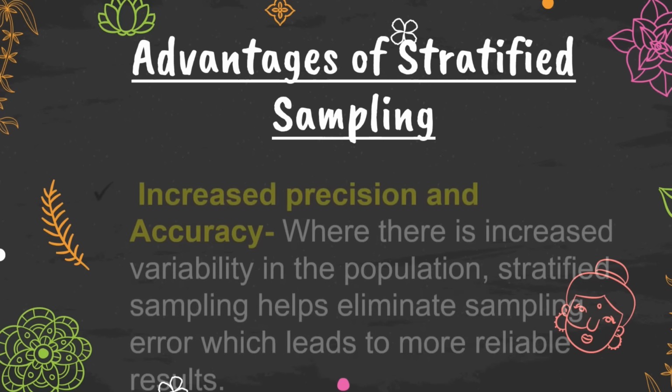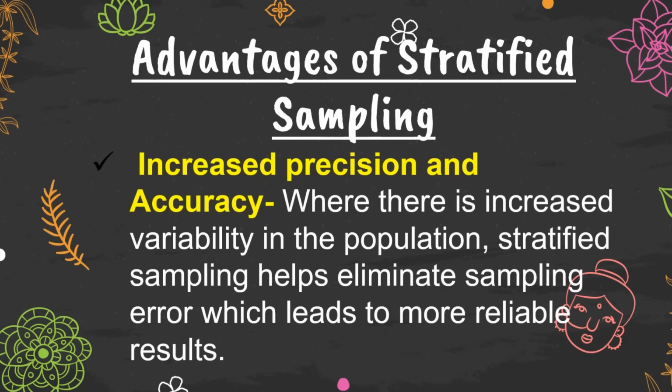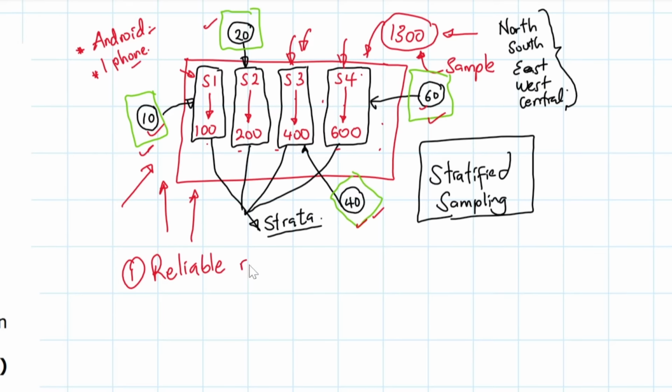So rather than getting into this population and just picking at random, if we divide them into groups of similar characteristics and then pick from each group, it's going to increase the precision and accuracy of our results. So in other words, this has to do with the results. Our results are reliable at the end of the day. Reliable results, or call it increased precision.